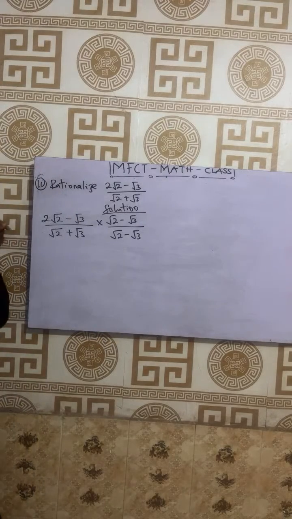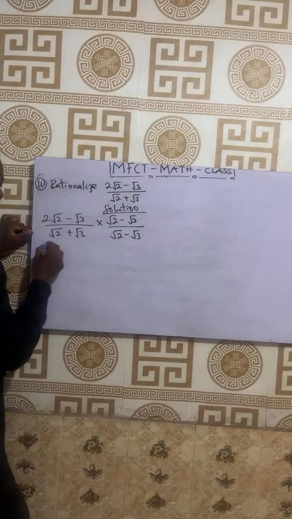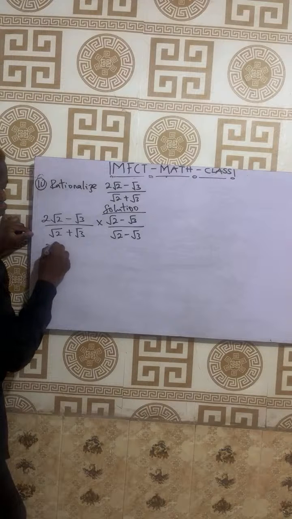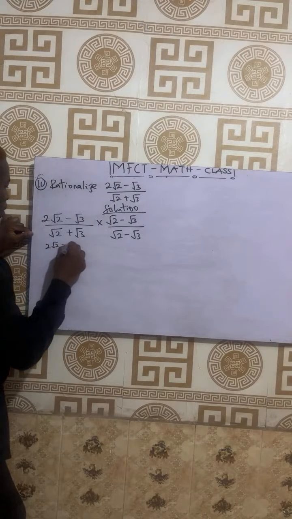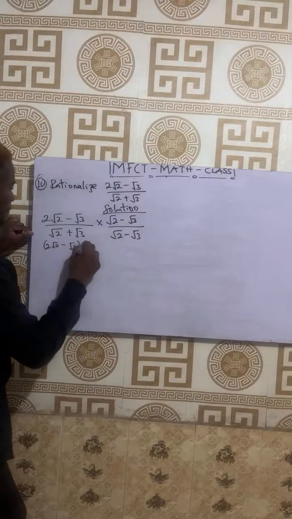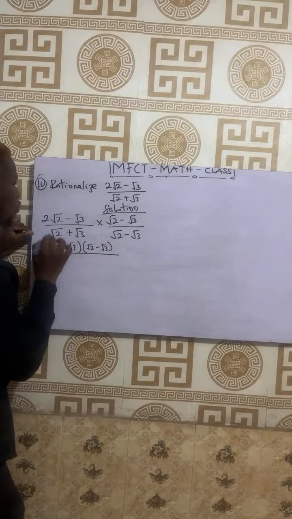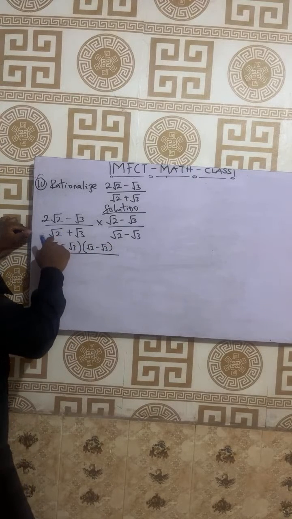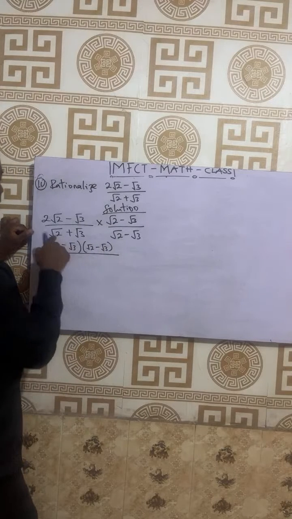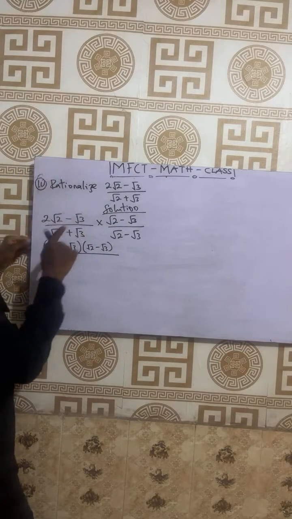So, therefore, guys, I can then rewrite this as 2 root 2 minus root 3 times root 2 minus root 3 over, you will now see that I'm using this to multiply this. Then I will just follow the approach I used the other time.